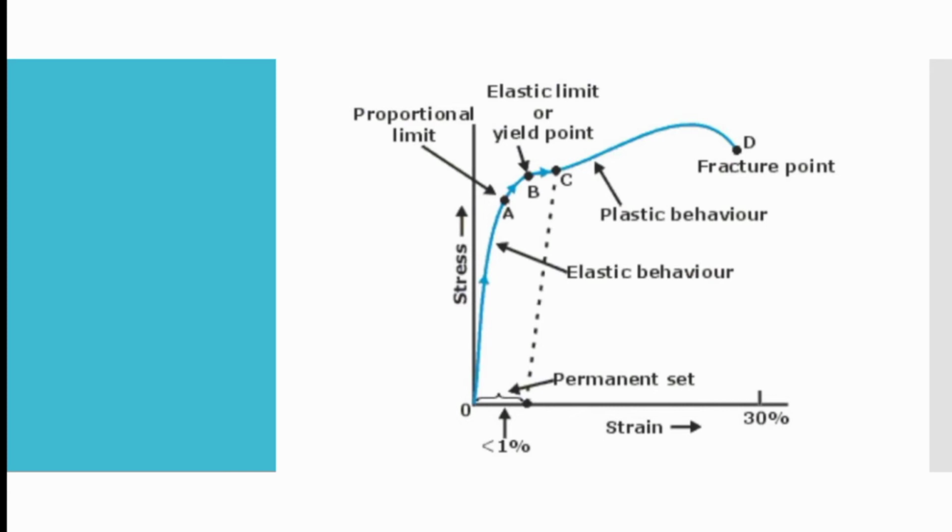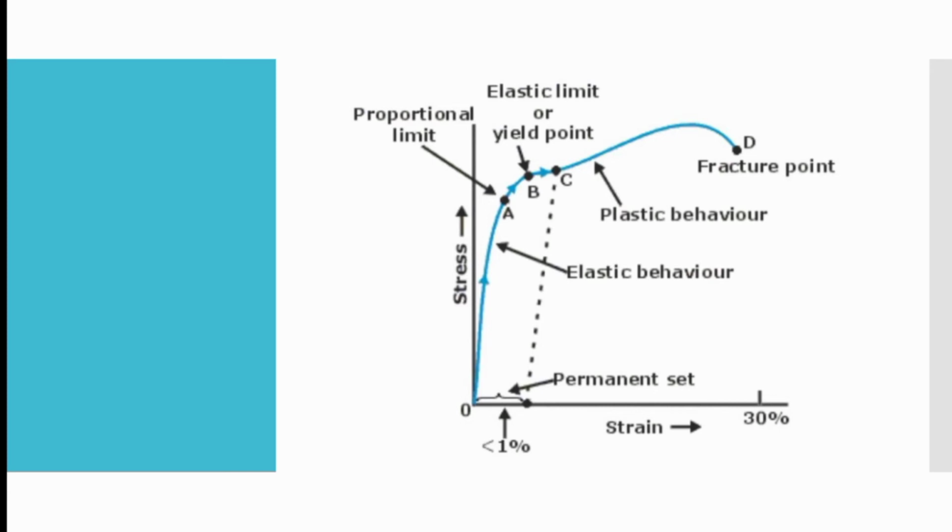That is called Hooke's law. Stress is proportional to strain up to proportional limit. But from the proportional limit to elastic limit, the material can retain its original dimension, but the stress is not proportional to strain there.